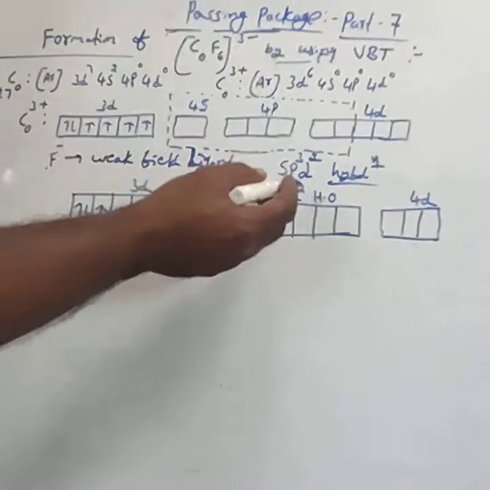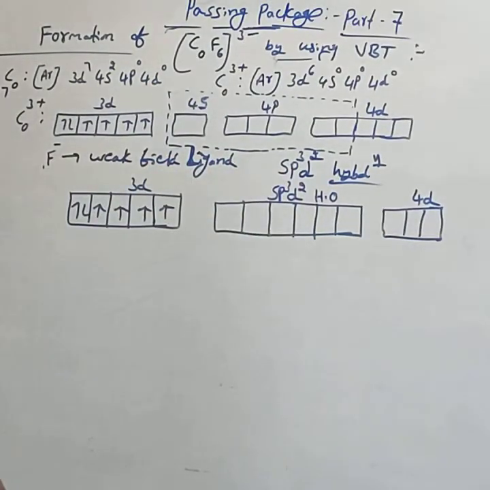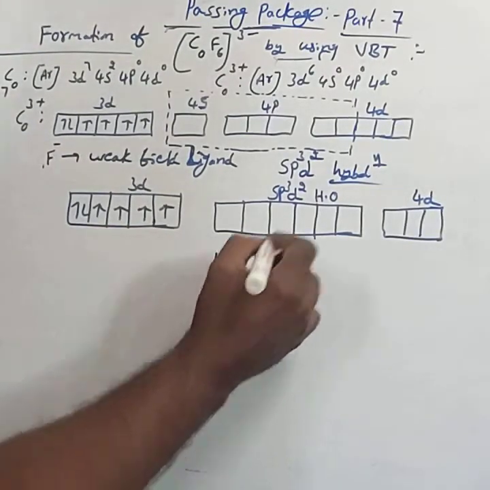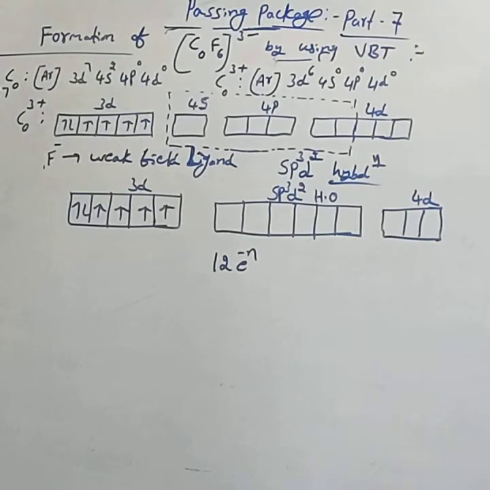Then these vacant sp3d2 hybrid orbitals overlap with filled orbitals of the fluoride ligand. Each fluoride ligand donates one pair, meaning 2 electrons. Totally 12 electrons: 6 fluoride ligands donate the 12 electrons.